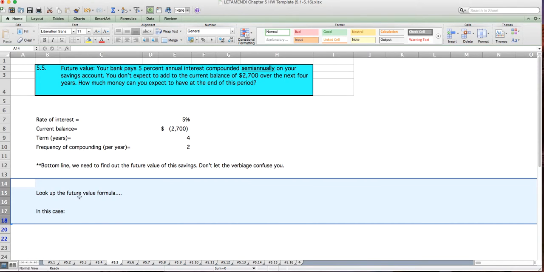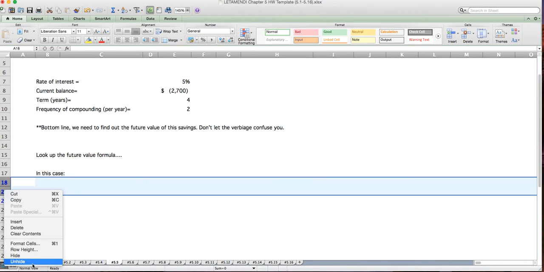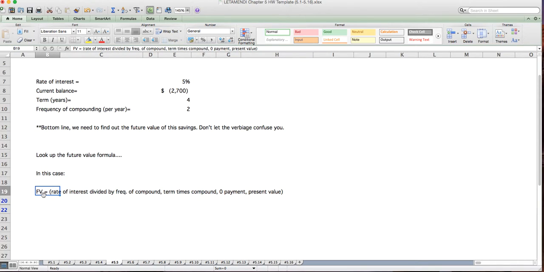So look up the future value formula, and in this case, what we're going to do is the future value equals, and this is kind of like the Excel formula written out as a sentence, which I think might help some of you. So we do the rate of interest divided by the frequency of the compound, comma, term times the compound, comma, 0 for the payment, comma, and then present value.